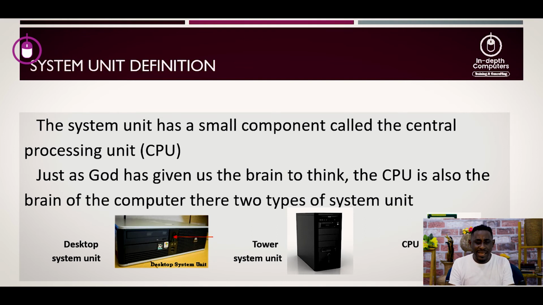We have two types of system units. One is the desktop system unit, which always lies on the desk, just like you can see, lying down on this table. So we call it the desktop system unit.